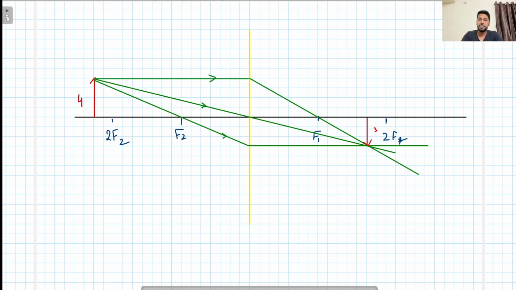So sign convention is for the next class, and if you wish that I take sign convention in the next class for 10th grade, please tell me in the poll. That would be very helpful for me, and we will see the next session.